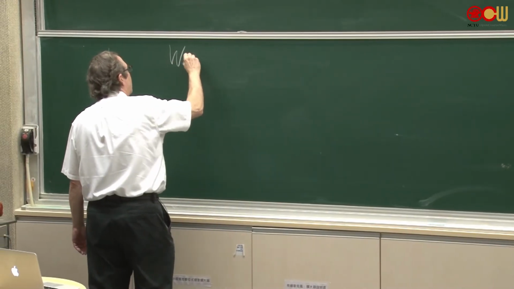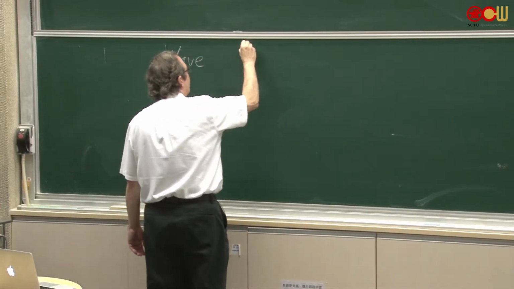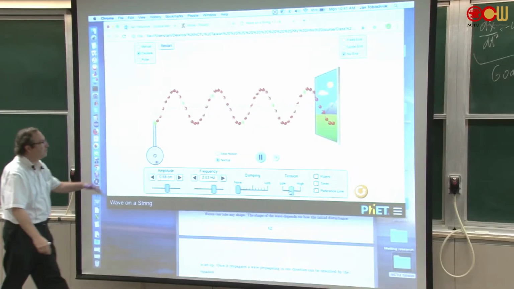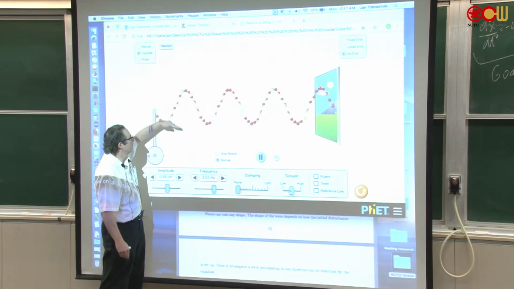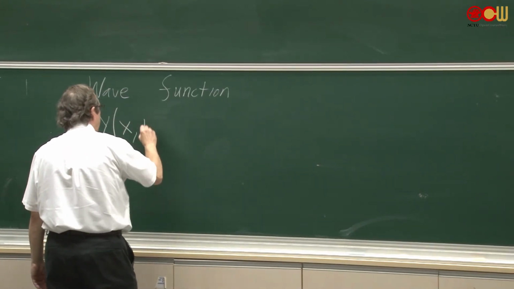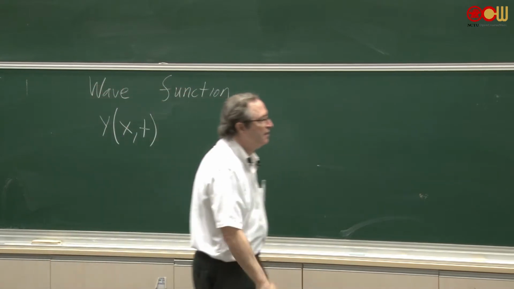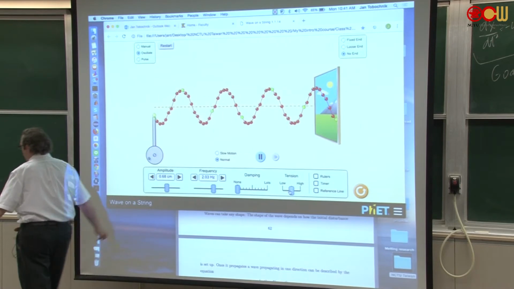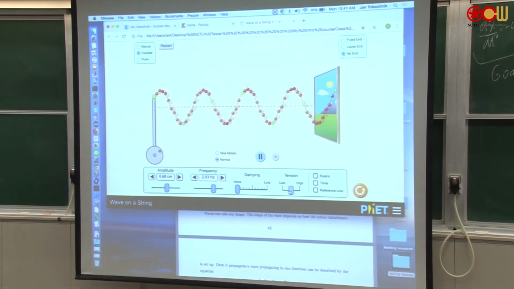Here's a wave function. Y represents the displacement in this direction. So we have y, but it's a function of x and t. So x is in this direction, and t is time. Notice one thing.